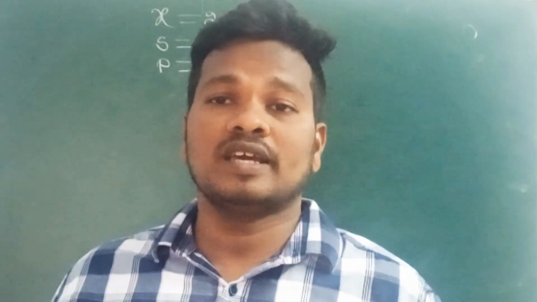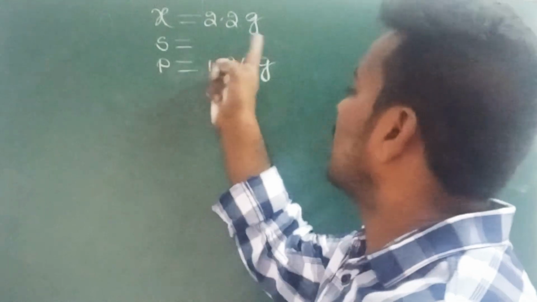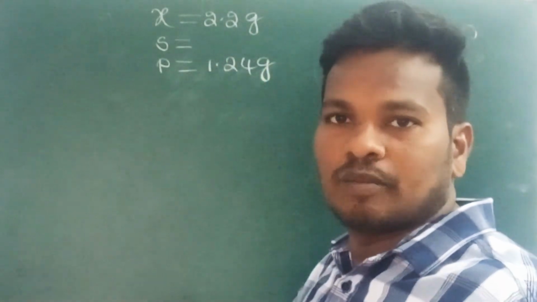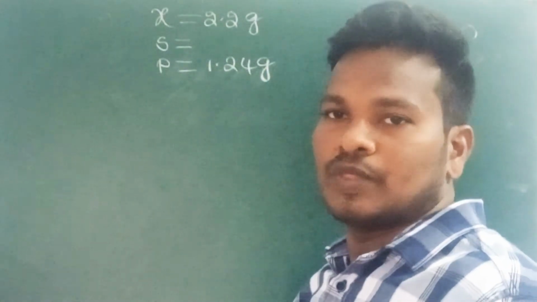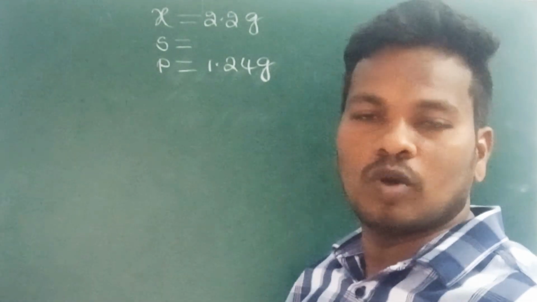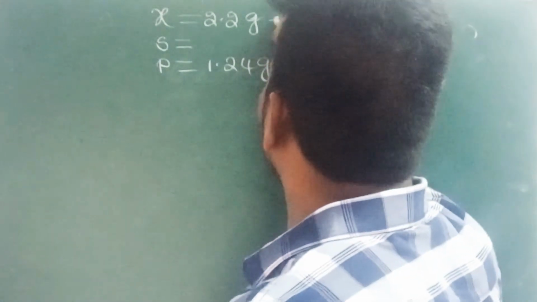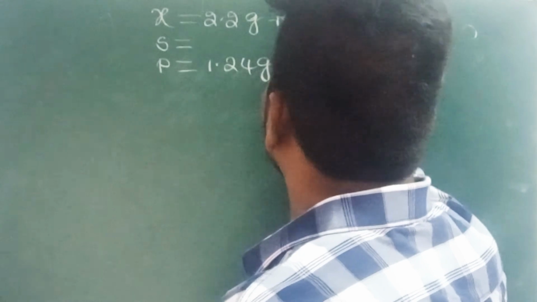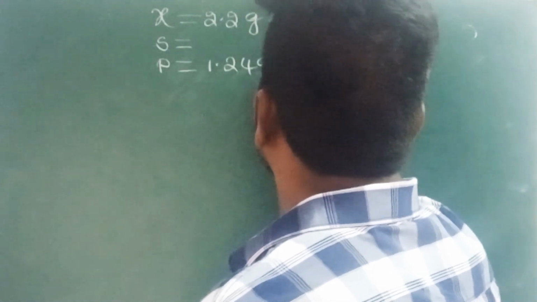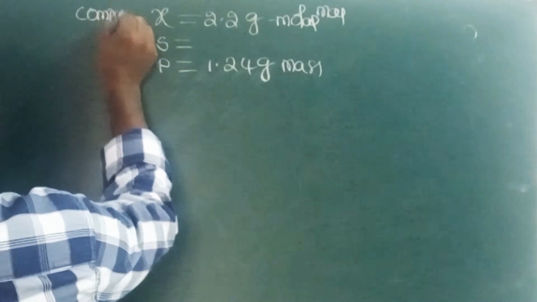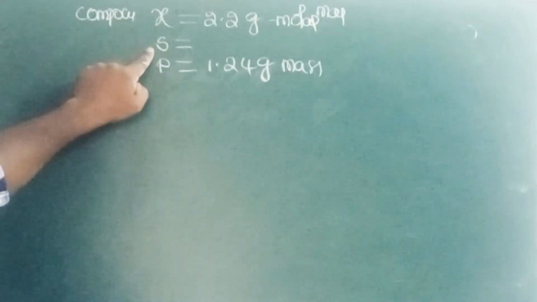But the problem here is that we know the mass of compound X, 2.2 grams. For phosphorus they have given the mass, and we need given mass by molar mass. But what about the sulfur? How can you get it?